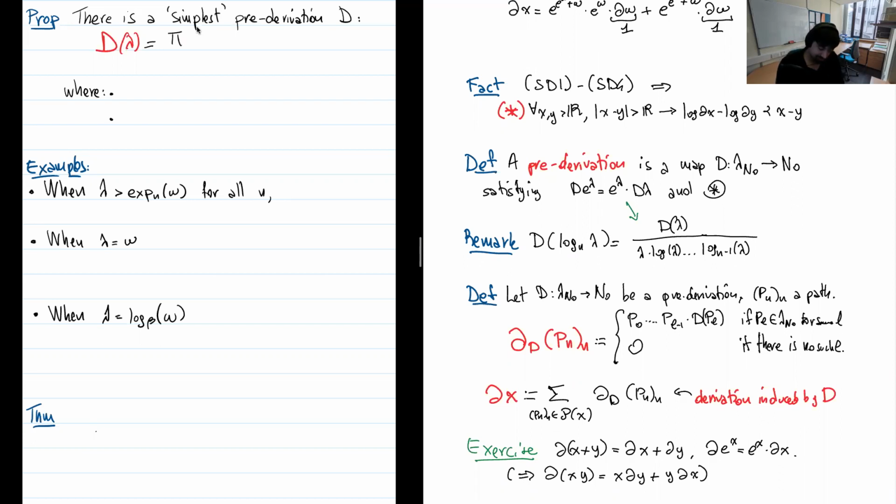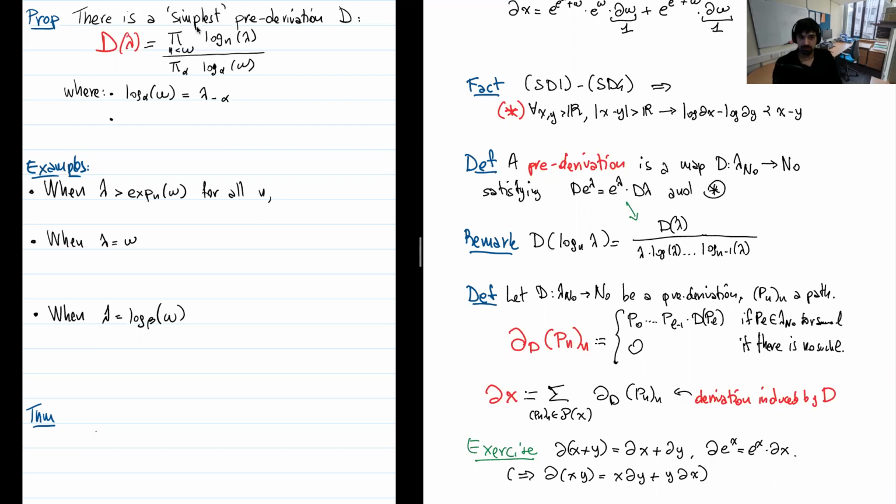So the pre-derivation of a log-atomic number lambda is the product of the finite logarithms, log^n of lambda for n natural numbers, divided by the product over alpha, and I'll tell you what alpha is, of log_alpha omega. I need to give you a couple of definitions. This log_alpha omega is just a suggestive way of writing the log-atomic number lambda_{-alpha}.